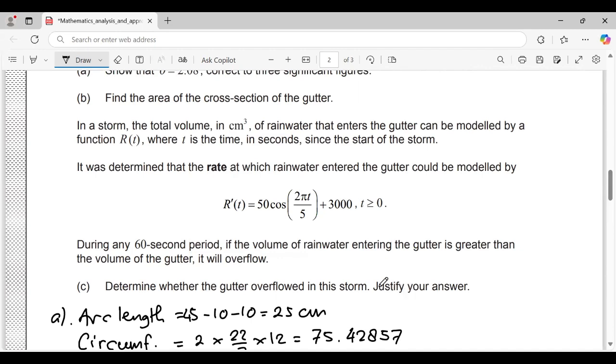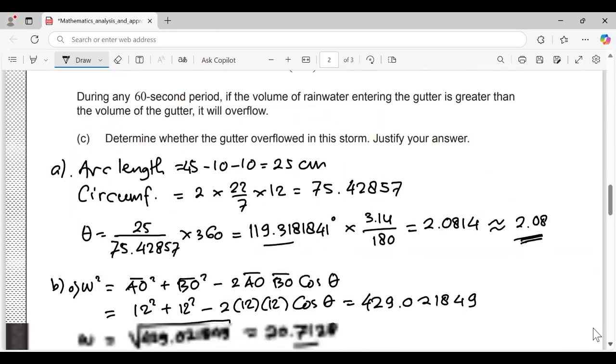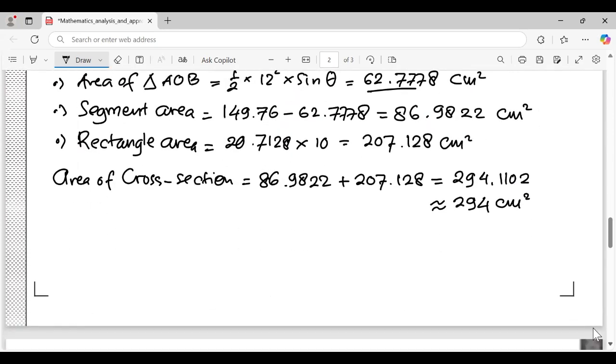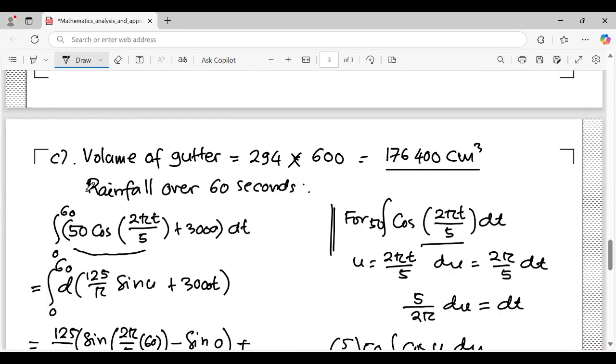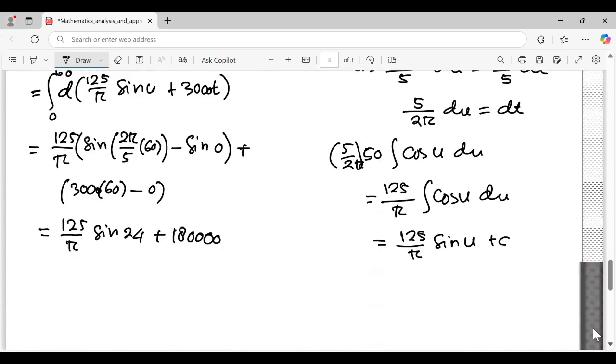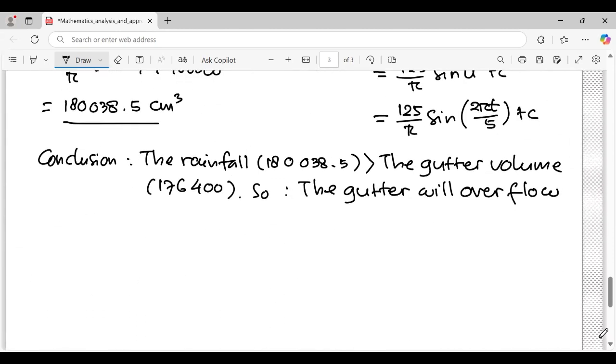Determine, justify your answer. Just now this one was C. Okay, there is no question anymore. So this is the conclusion. I thought there was a next question.